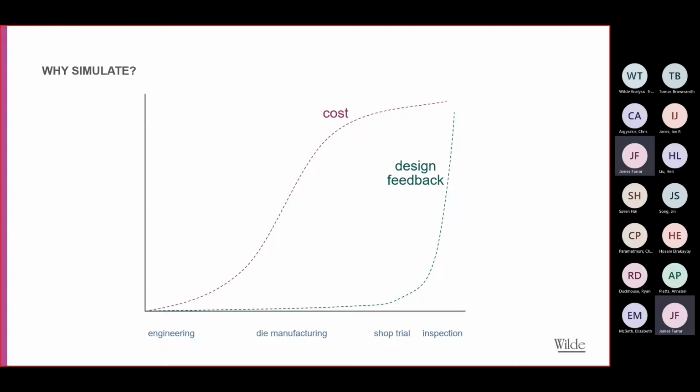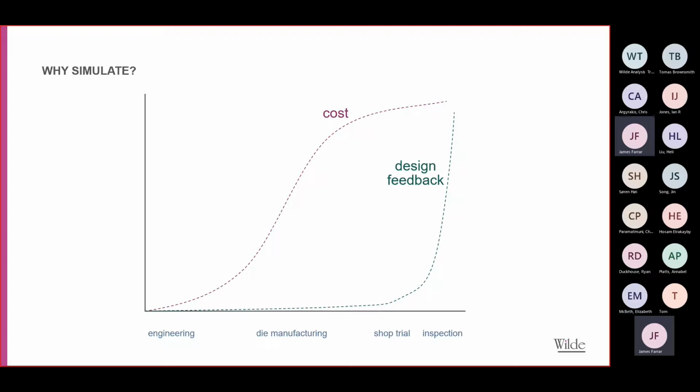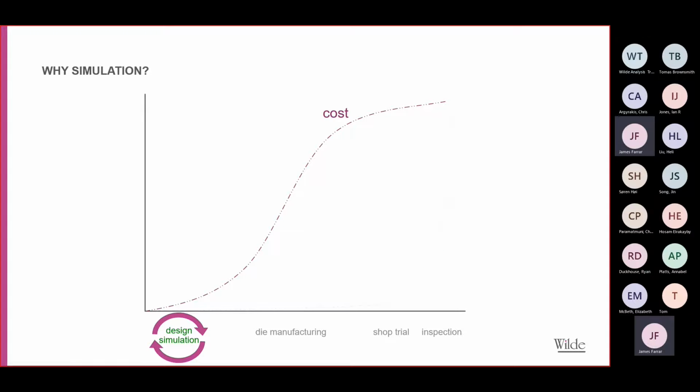Using that system, you don't really get any feedback on that initial design and engineering right until the end of the process, where you've invested a lot of cost in the process. So doing upfront design allows you to bring that knowledge up front and understand the process and get design feedback at a much earlier stage.